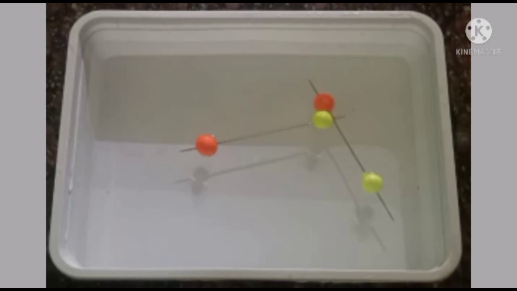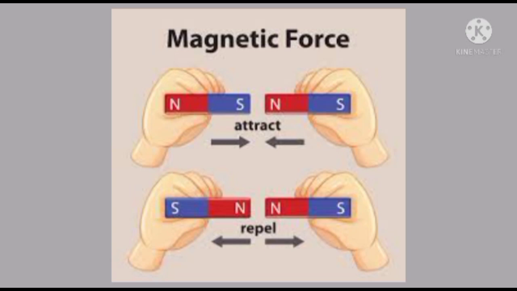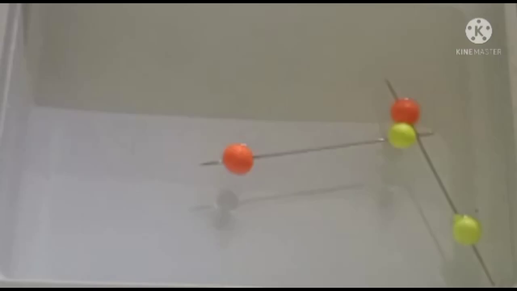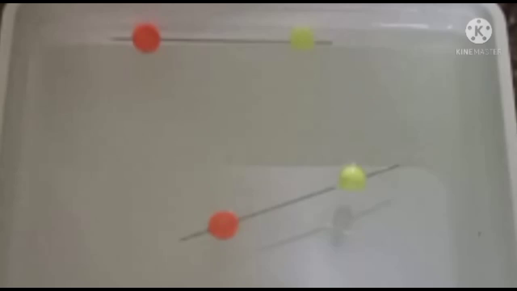Do you remember that? Yes. Like poles of two magnets repel each other and unlike poles attract each other. We can observe that the orange end of one needle and the yellow end of the other needle attract each other, and ends with the same color repel.